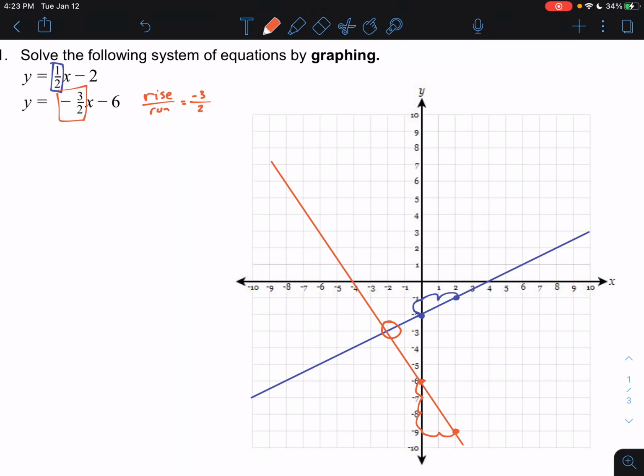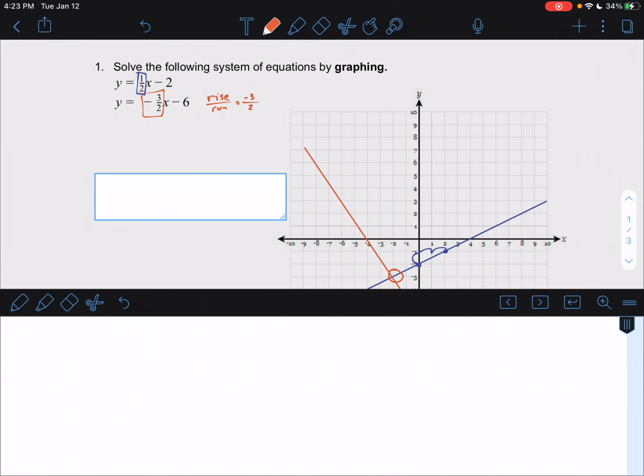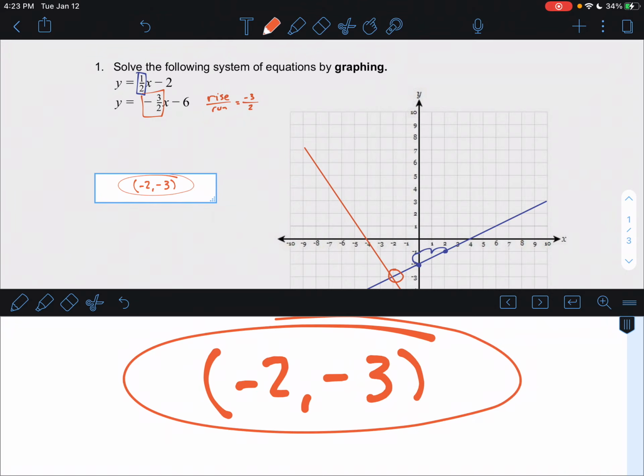Even though it's not perfect, they clearly cross at -2, -3. So my solution is -2, -3. So that's my solution to this system. Just have to graph both lines, figure out where they cross.